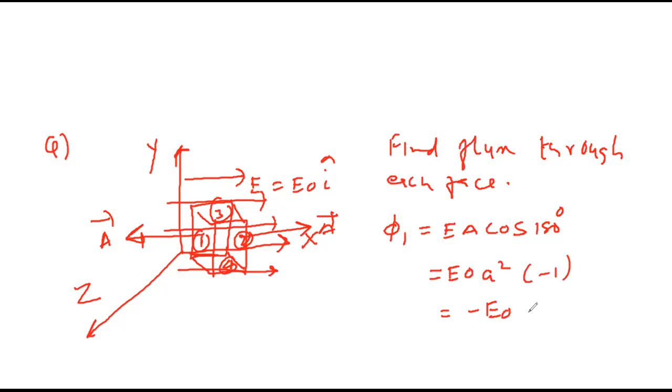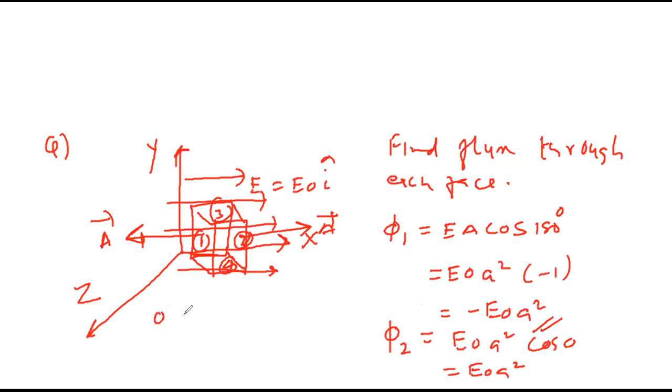So minus E naught A square is the value of flux phi 1. What will be phi 2? E naught A square and cos 0, so this is nothing but E naught A square only.